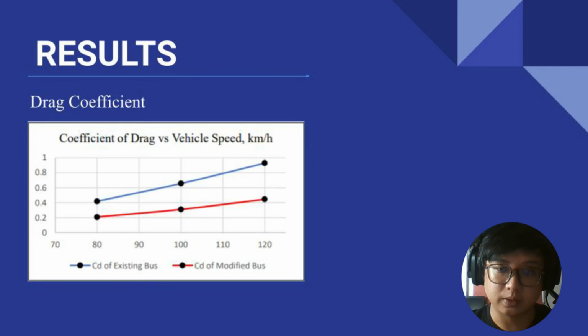The reduction is 52.7%. Lastly, for 120 km per hour, the coefficient for the existing bus model is 0.9272, while the coefficient for the modified bus is 0.4454. The reduction is 52%.